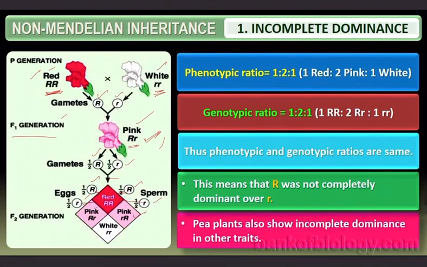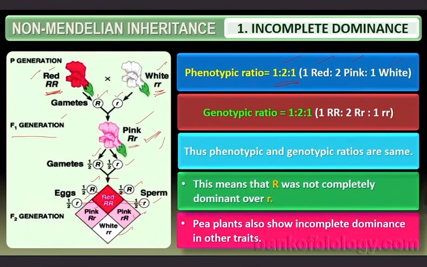Now using the Punnett square, we have the eggs as capital R and small r, sperms or pollen grains to be specific, capital R and small r. So the combination is capital R capital R, you get a red flower; capital R and small r, you get a pink flower; and then small r and capital R, you get a pink flower; small r and small r, white flower. So look at that deviation.